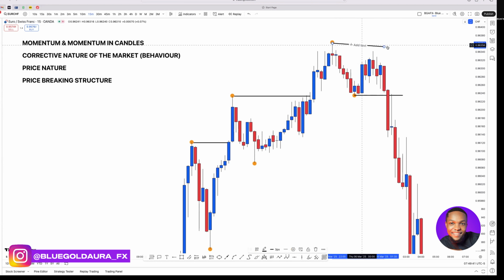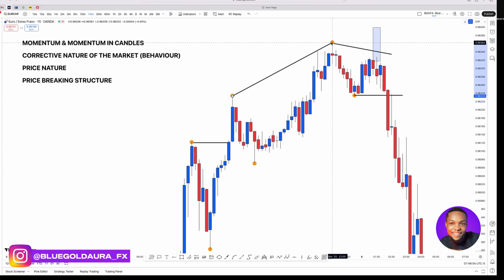Now, if I pull out this line, you see this dip that has happened in the market. If the market was pushing to the upside, like we saw in the previous pushes, we would have created this high point and then this higher high. But in this case, we are failing to create the higher high.